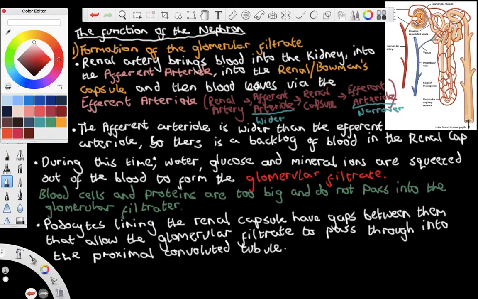However, the problem is that most of the molecules that pass into the glomerular filtrate are actually useful, and they need to be reabsorbed. Now, that's a really important point, so I'm going to put it in red.